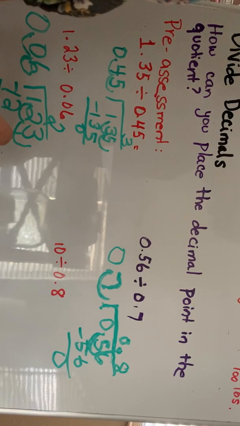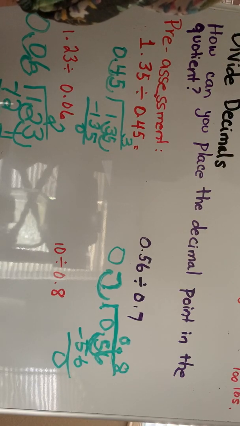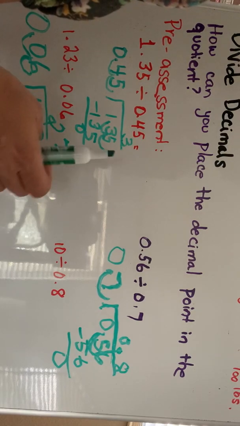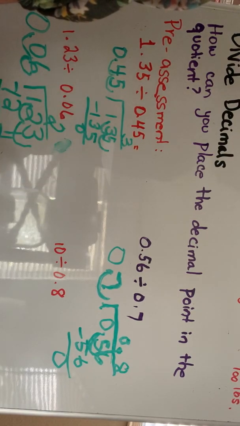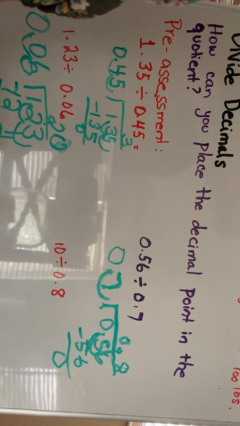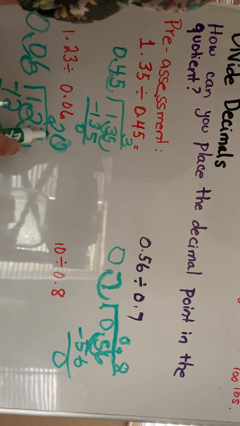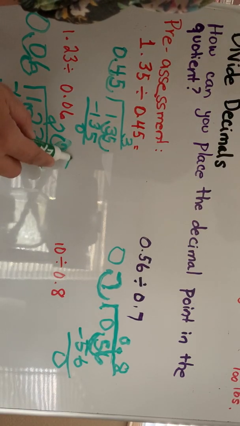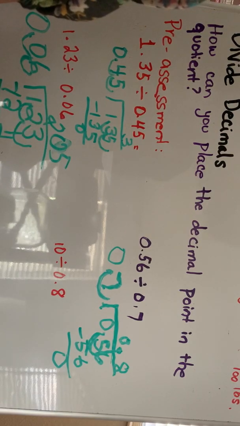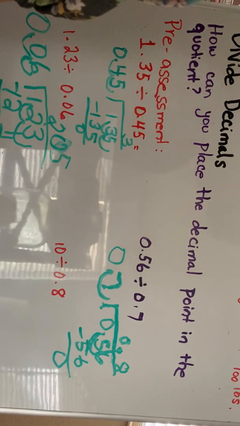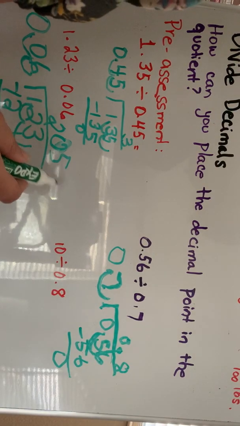And I'm going to bring down the 3. And 6 goes into 3 0 times. Okay? And then I can add a 0 here. Now I can do it. 6 goes into 30 5 times. 5 times 6 is 30. And now you have 0 remainder in this case. Okay? So the answer on this one is going to be 205.